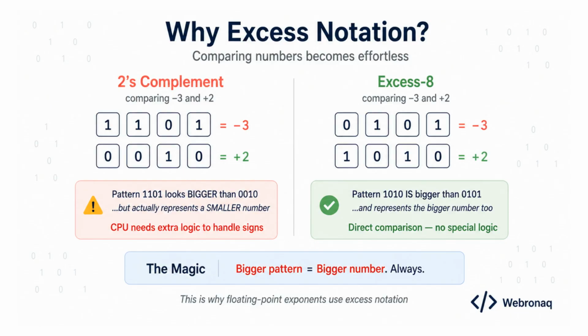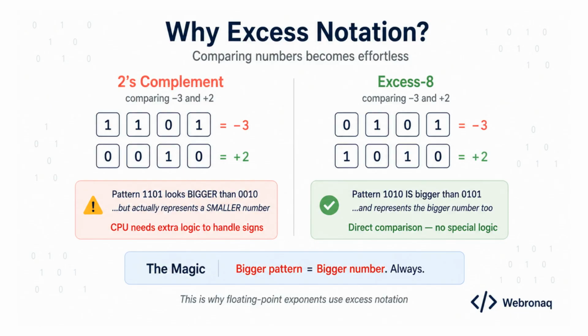Now, if you ask the hardware to just compare these two binary patterns as plain bit strings, 1101 looks bigger than 0010 because the leftmost bit is 1, which has the highest place value. But the actual signed value 1101 represents is smaller. It's negative. So the CPU can't just compare the raw bits. It has to first check the sign bit, then handle negatives differently from positives. That's extra logic in the circuit.